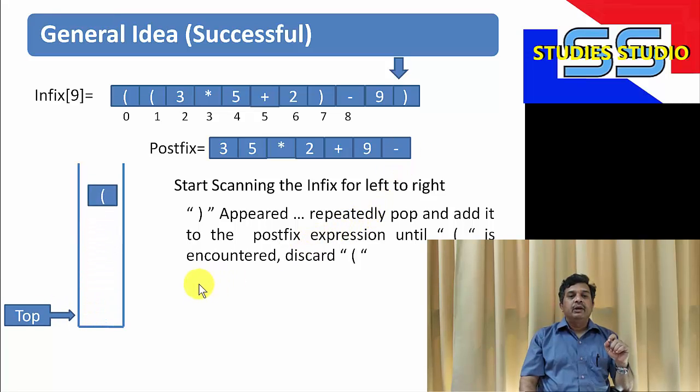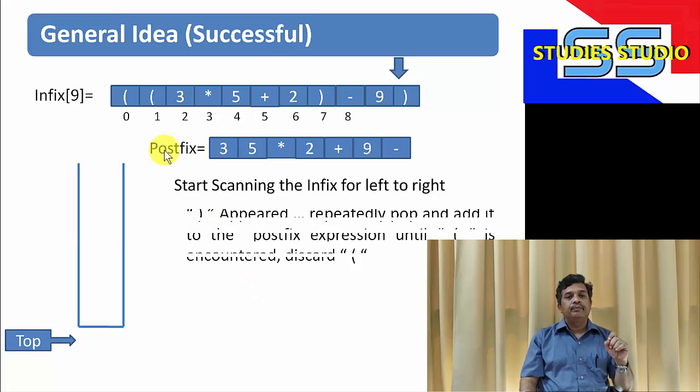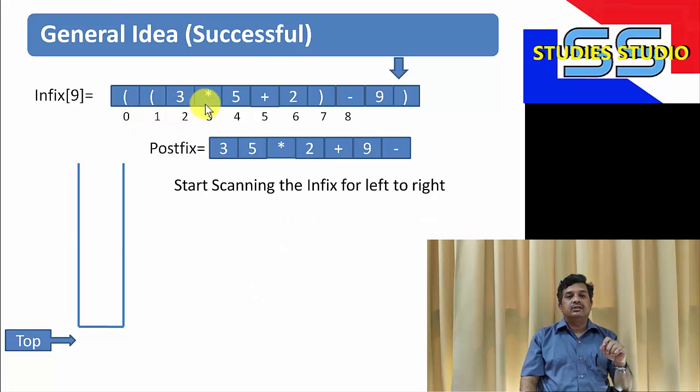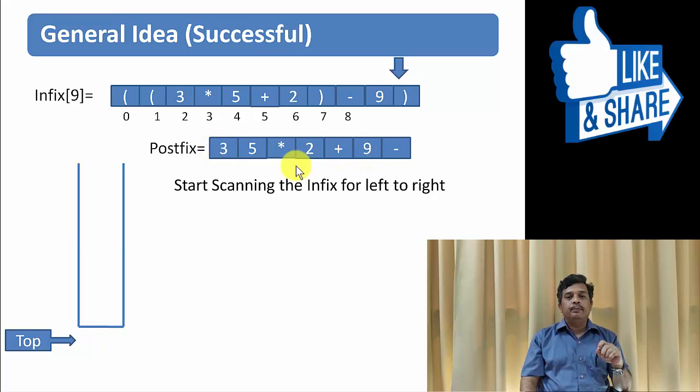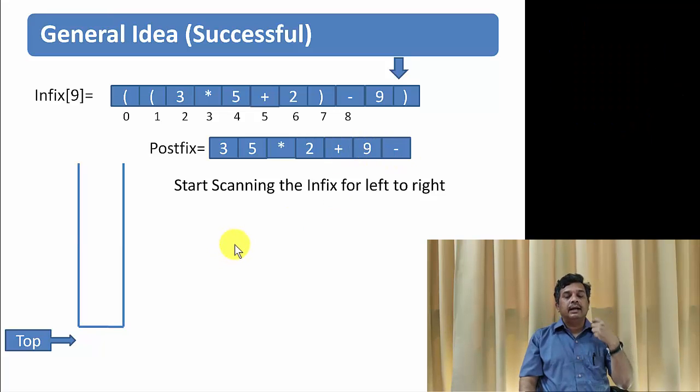Now you see, with the same expression and the change in the operation, the expression changed. Here for this infix expression, the postfix expression is 3, 5 star 2 plus 9 and minus. I hope you understood this algorithm, and along with that you understood the example.